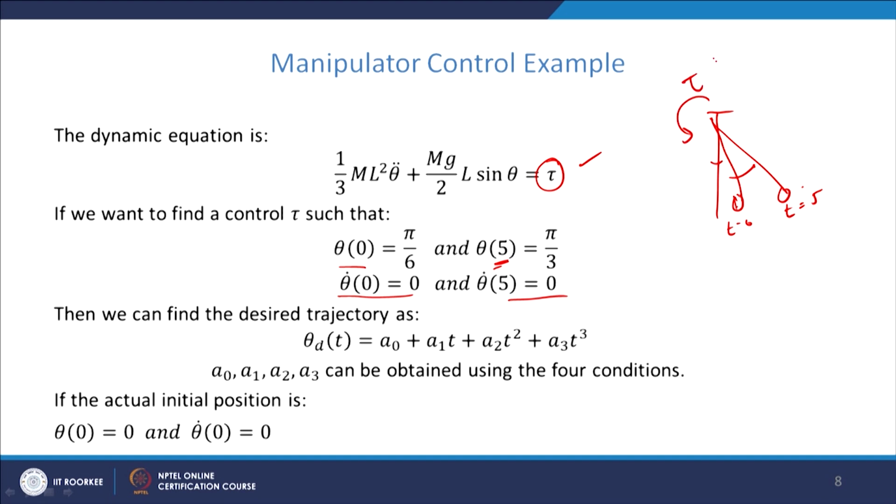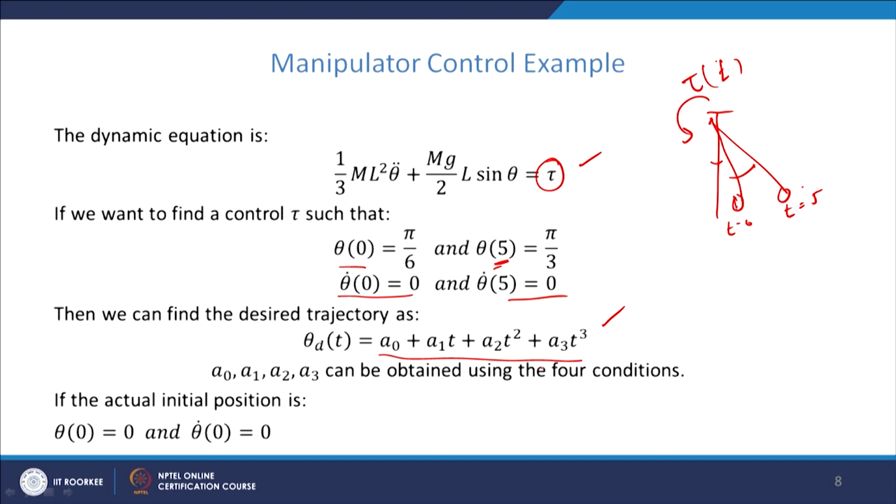The torque is applied at the joint as a function of time. So, let us assume that the desired position of the pendulum, theta desired, is given by a polynomial of degree 3, because we have 4 conditions here. The trajectory is planned like this.